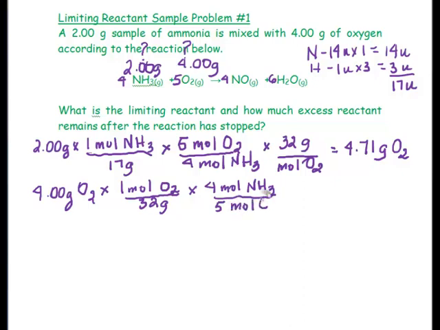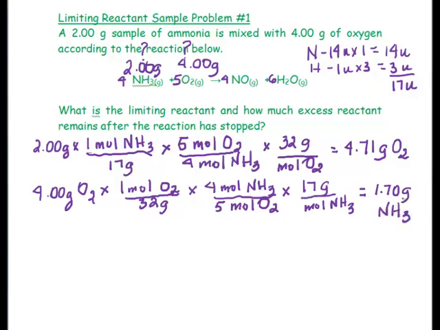And the last step is go from moles of ammonia back to grams of ammonia by multiplying 17 grams over 1 mole of ammonia, and I get 1.70 grams of ammonia.